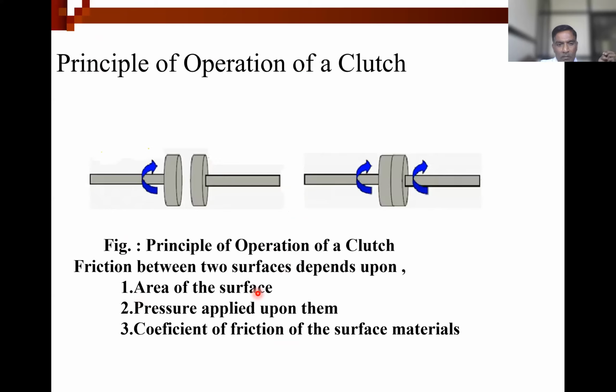Area of surface, pressure किती applied करावं लागणार आहे, किती केलं जाणार आहे, and what is coefficient of friction of the material used for the frictional lining.